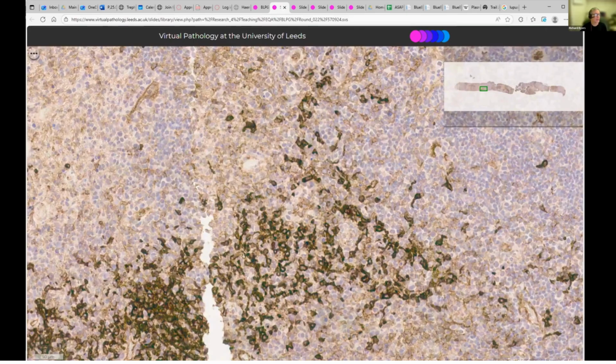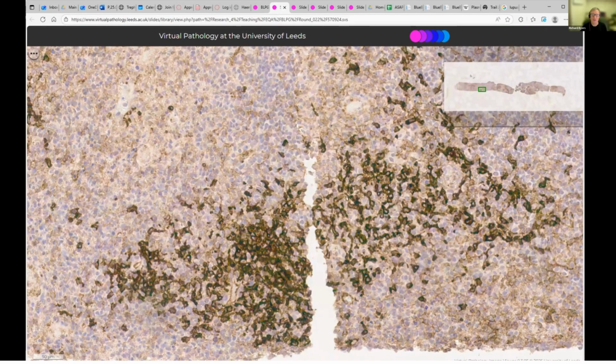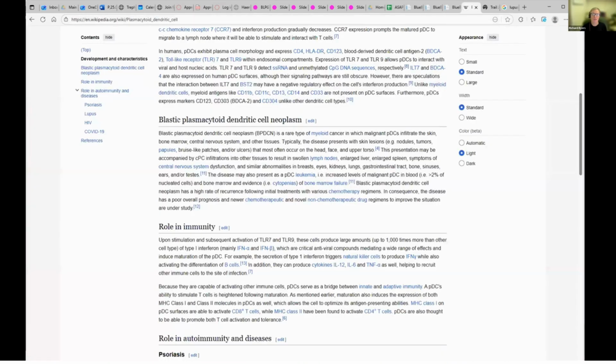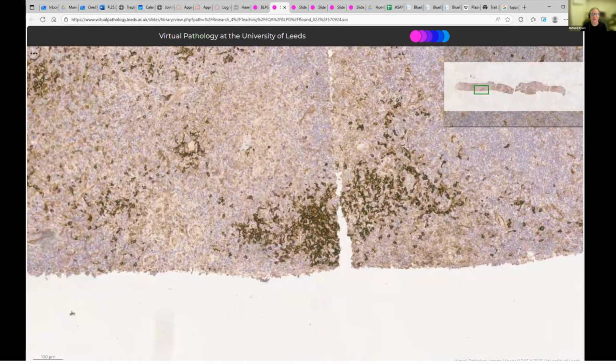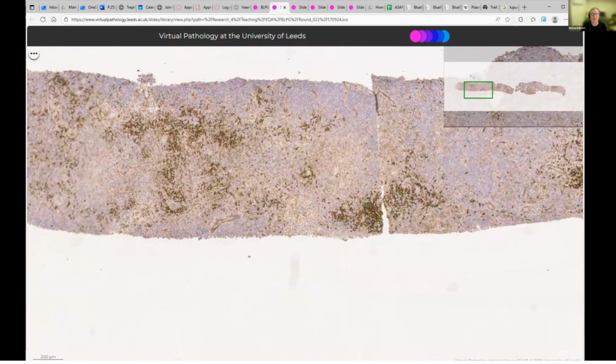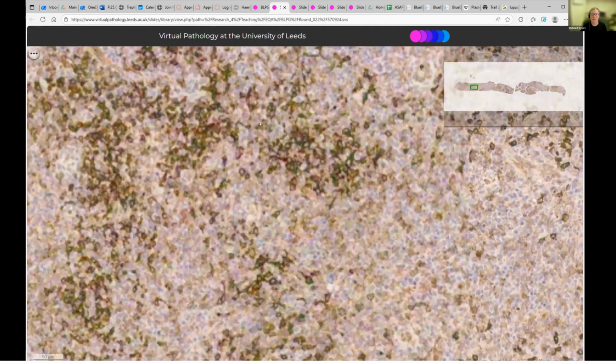So this is characteristic of Kikuchi's, these CD123 positive plasmacytoid dendritic cells. Okay, so we'll come back to those in a minute. And they are around or close to the areas of necrosis.